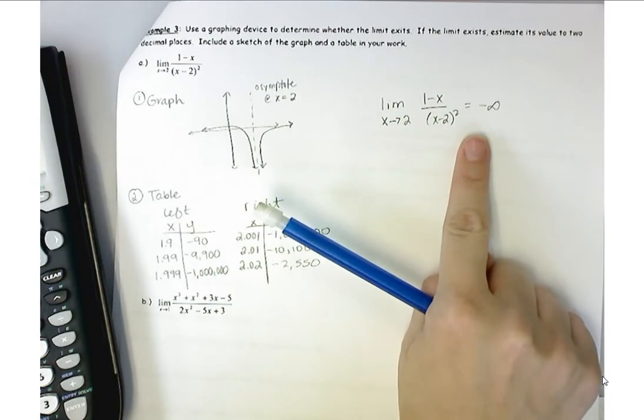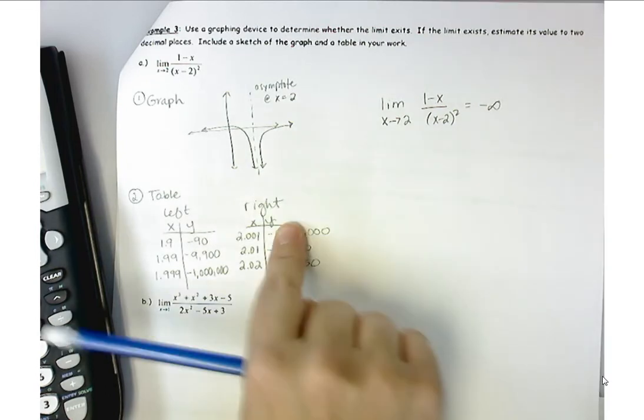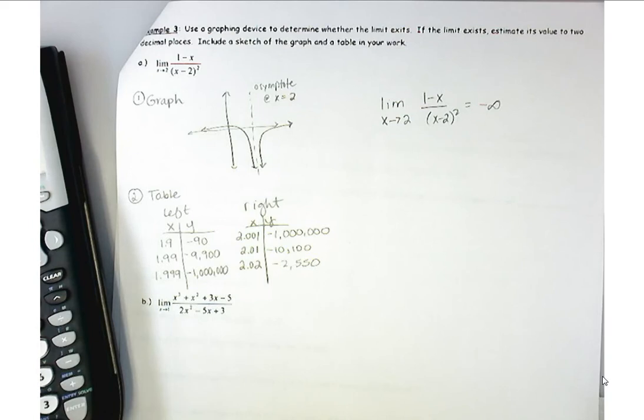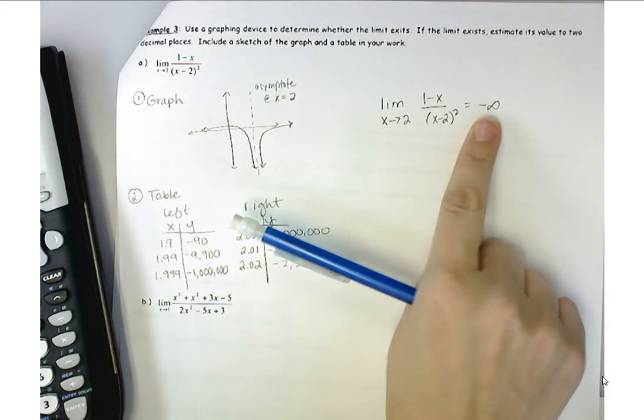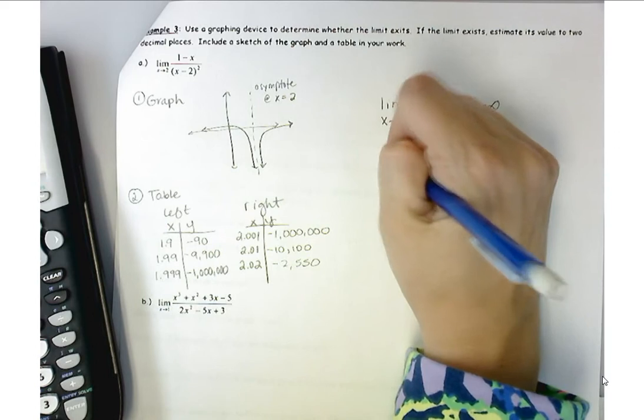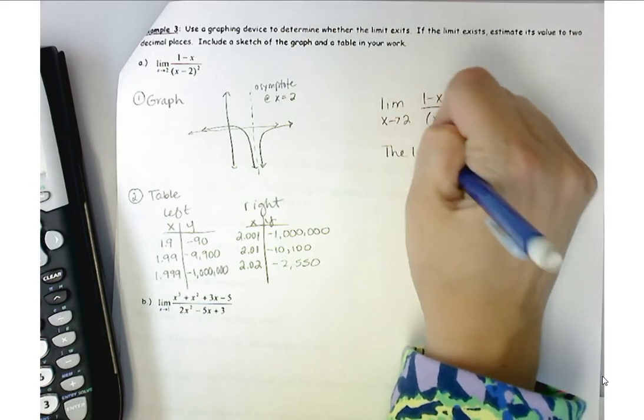Now even though they're both approaching negative infinity, remember how I said that infinity is not a number. Okay, it's not a fixed value. Infinity is an idea. That's not something that we can calculate. So the limit does not exist.